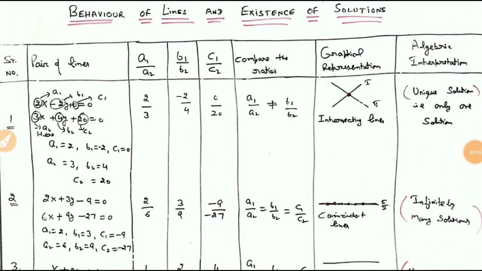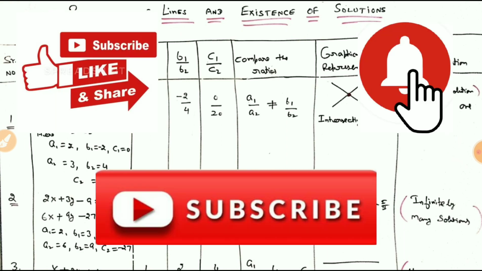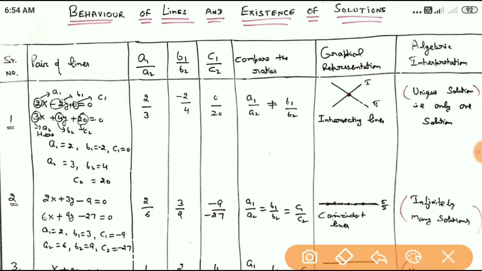In our previous video we discussed a shortcut method to find the LCM within a few seconds, and today we are going to discuss the behavior of lines and existence of solutions.